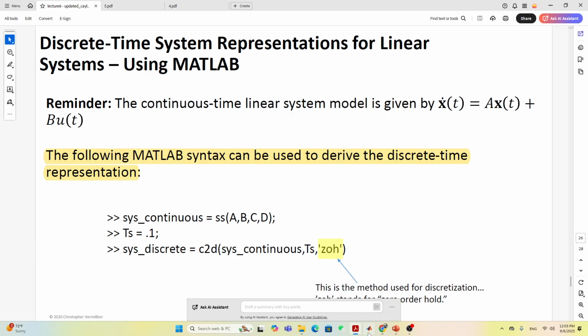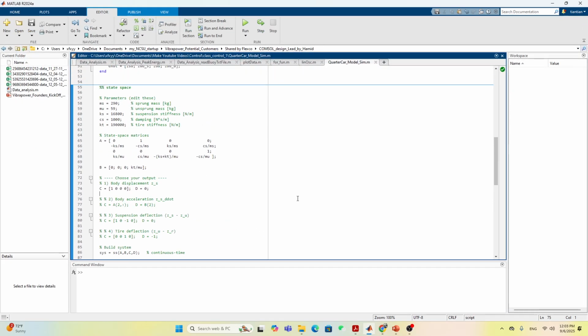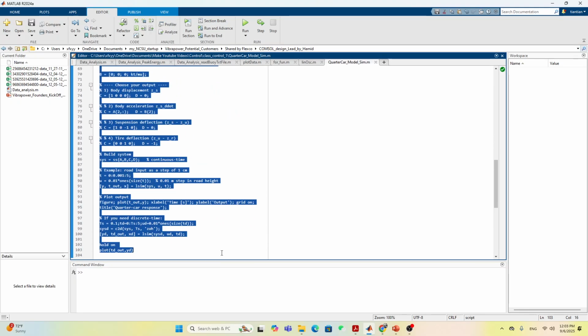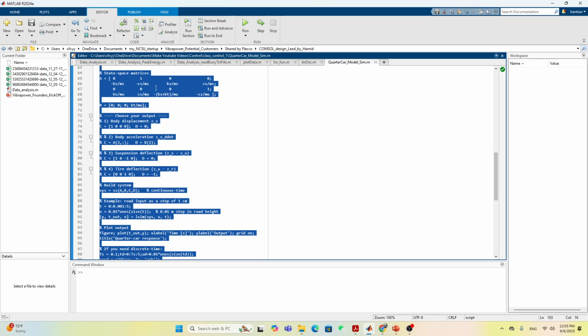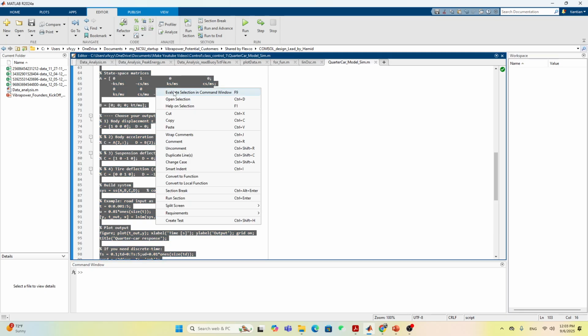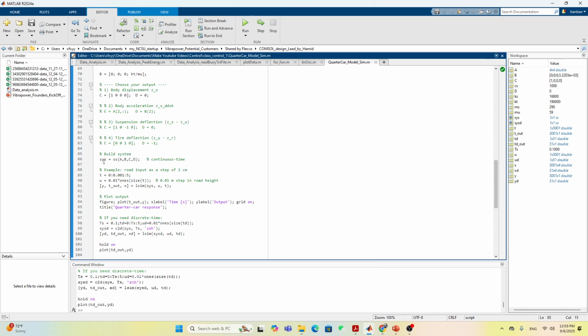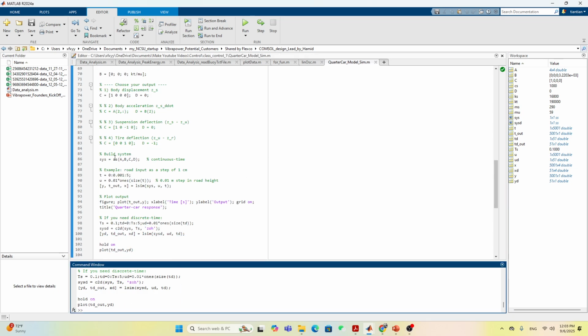If you go to MATLAB, I have a quarter car model, which I already listed out everything. Let me run it. So I have the continuous time state space representation and also the discrete time state space representation. We can take a look. So my continuous time is here. Let's check what the A and B matrices are.